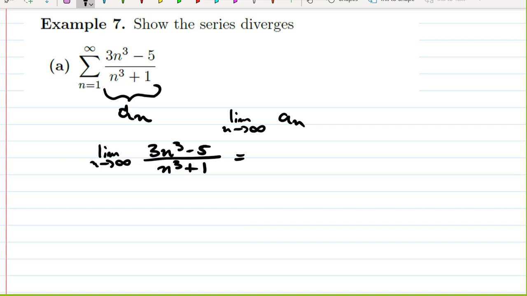So if we factor out the degree of the denominator, n cubed, from both the numerator and denominator, that gives us n cubed times (3 minus 5 over n cubed), divided by n cubed times (1 plus 1 over n cubed).